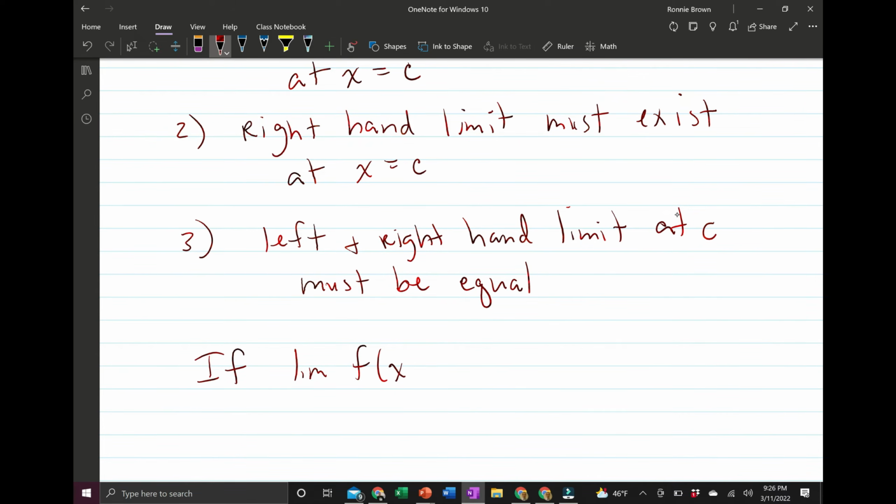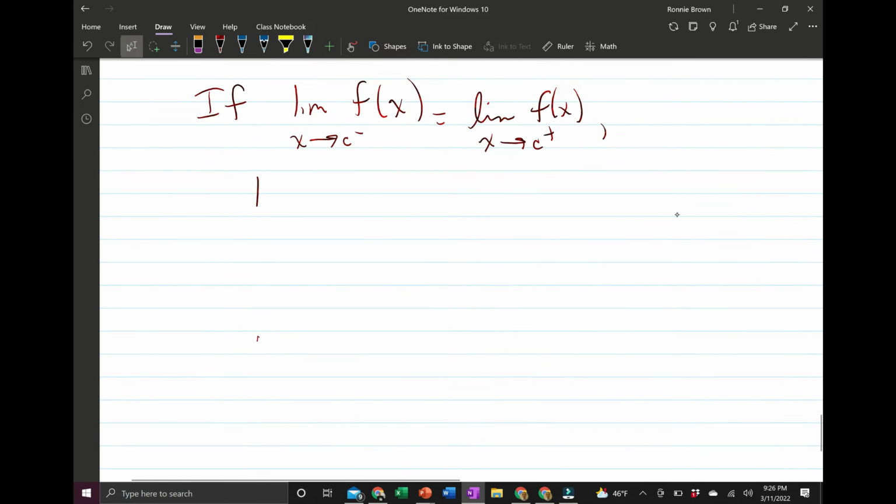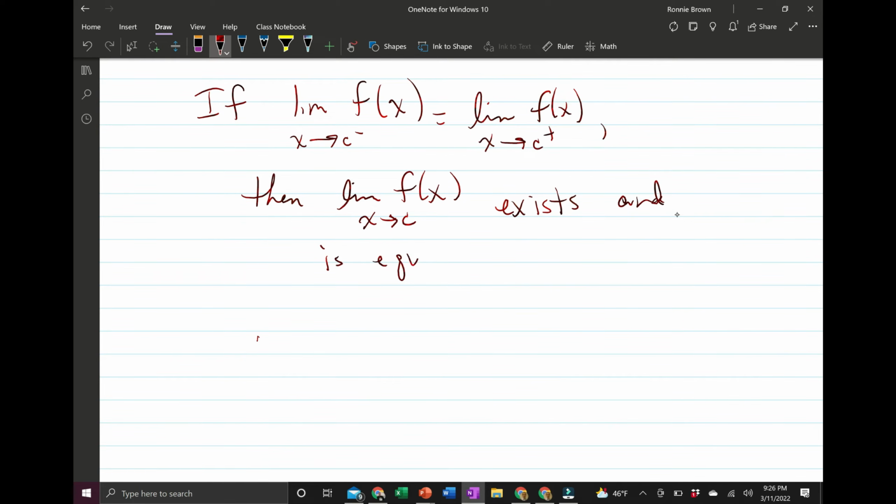They'll usually say something like, if the limit of f of x as x approaches c from the left is equal to the limit of f of x as x approaches c from the right, then the limit of f of x, that function, as x approaches c, well, it exists and is equal to the one-sided limits.